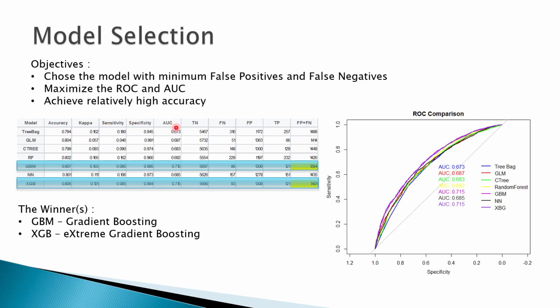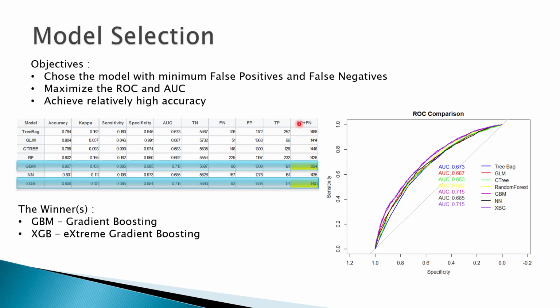And also I calculate the area under the curve, true negatives, false positives, true positives, and also I created another column to denote the false positives and false negatives. That's what we are actually focusing on. If we can find a model which minimizes the false positives and false negatives, that would be the best model.